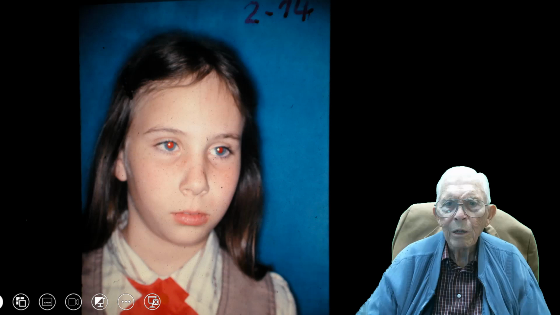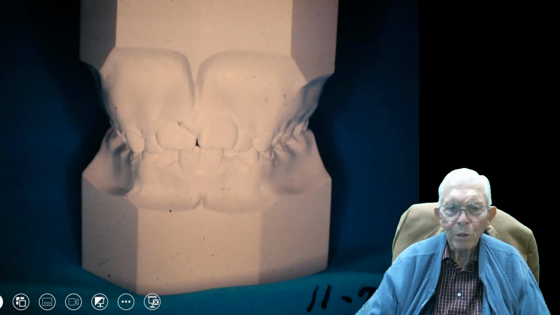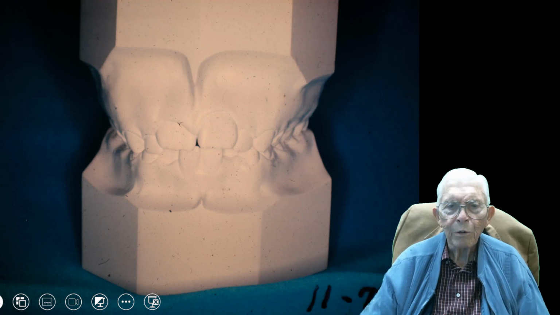This young lady came in. She was quite young when we started. This was 1974, and here she's grown up a little older, and here she develops out completely mature, a very nice looking young lady, and we used that follicular movement in correcting her teeth.